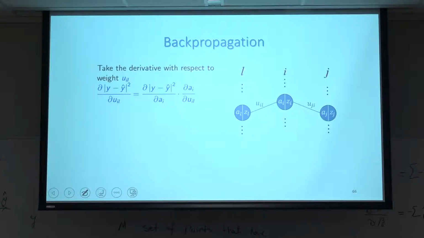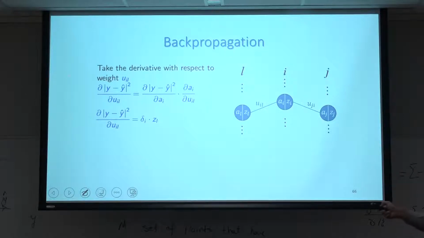This is hard, actually. I don't know what that is. So I call this the hard part delta I. But this part I know. It's ZL. So the derivative of cost function with respect to UIL would be delta I, which I don't know what delta I is, times ZL, which I know.